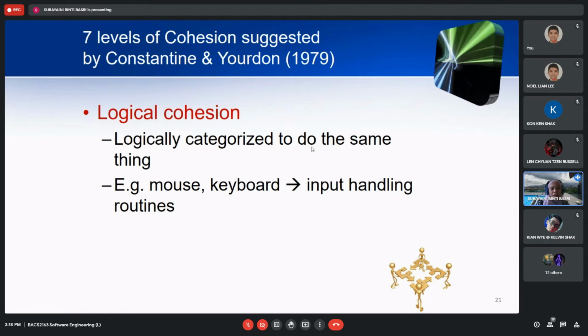Meaning here, you are categorizing them not based on the function of the system, but because of the type of the component.